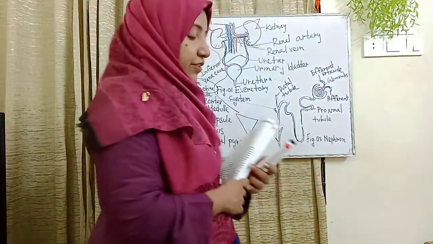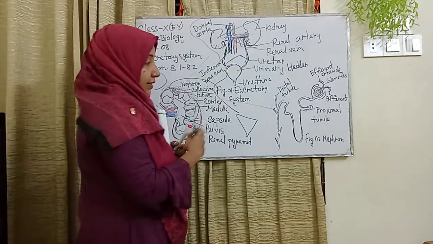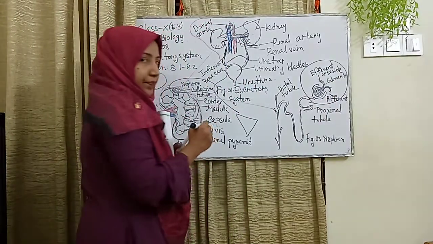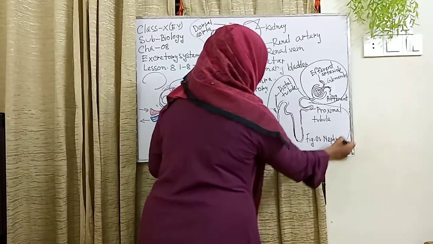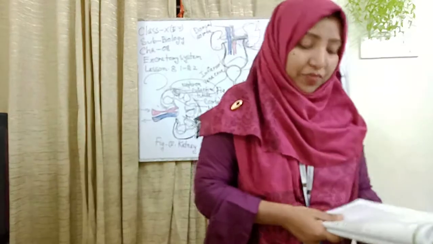Please see this structure, the renal corpuscle, and the next structure is the renal tubule. Together this structure is called the nephron.